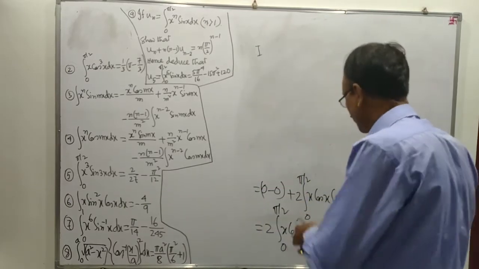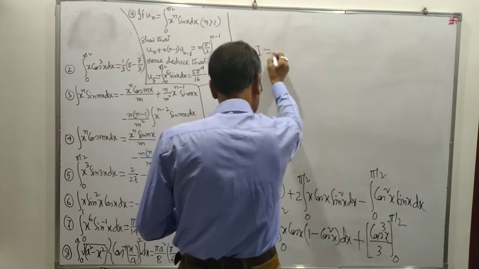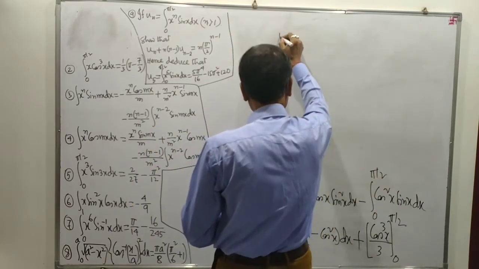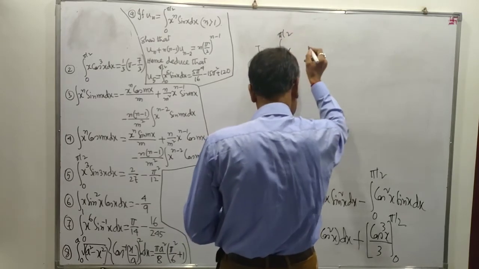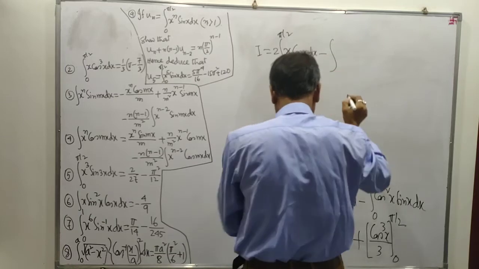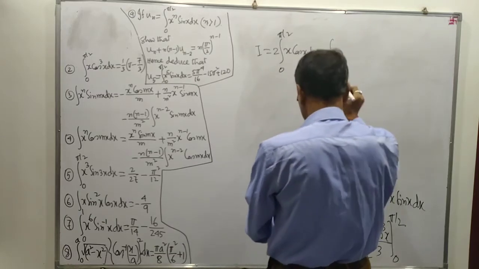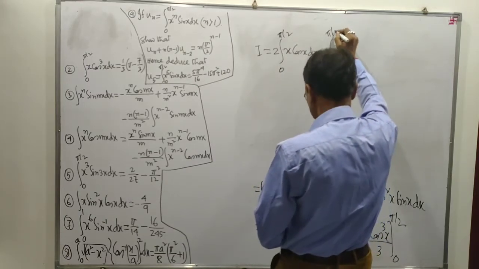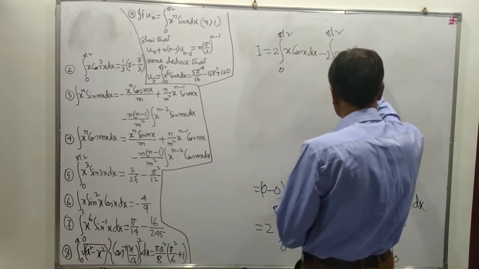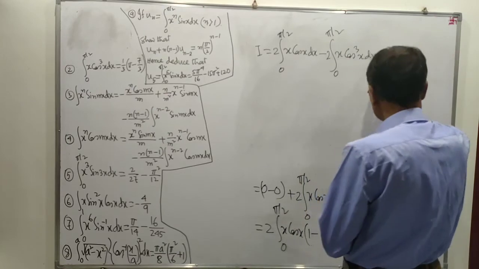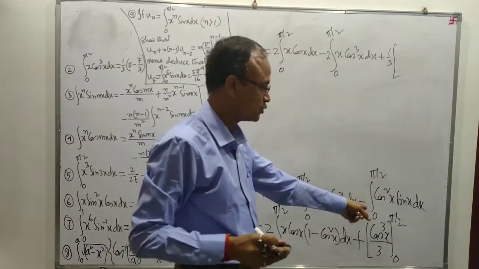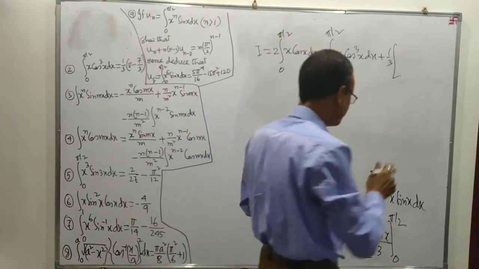The left hand side was this, equal to 2 times the integral from 0 to pi by 2 of x cos x dx, minus 2 times the integral from 0 to pi by 2 of x cos cube x dx, plus 1 by 3 cos cube pi by 2. Cos pi by 2 is equal to 0.